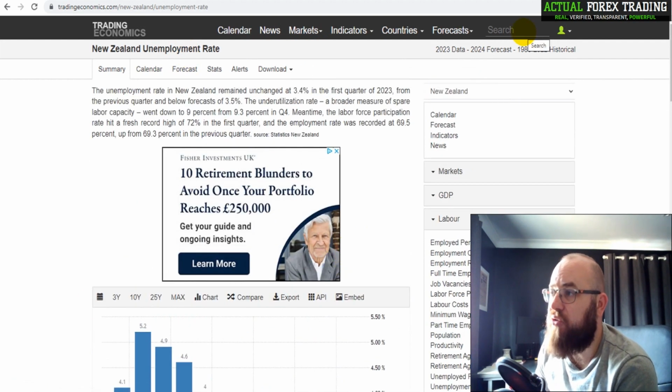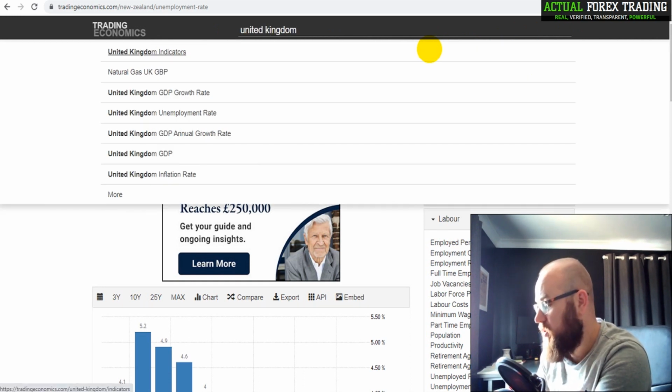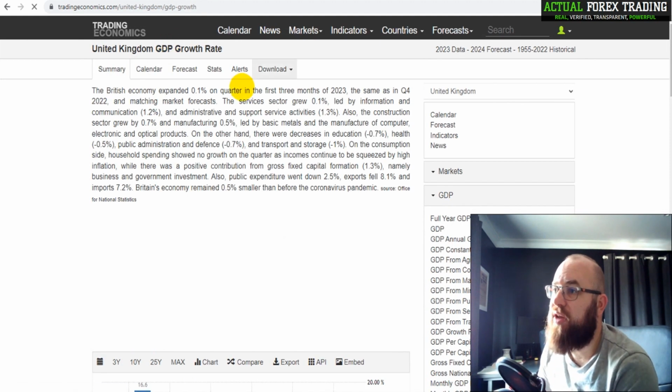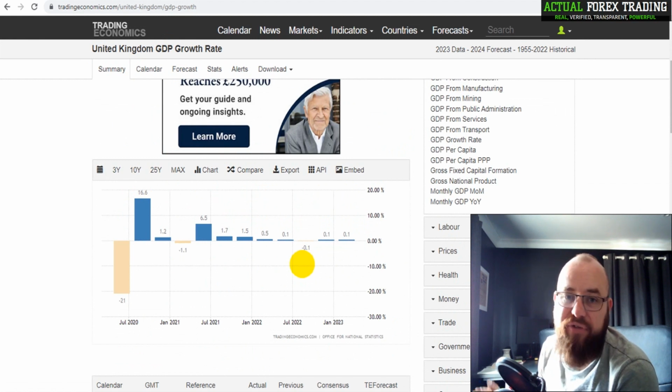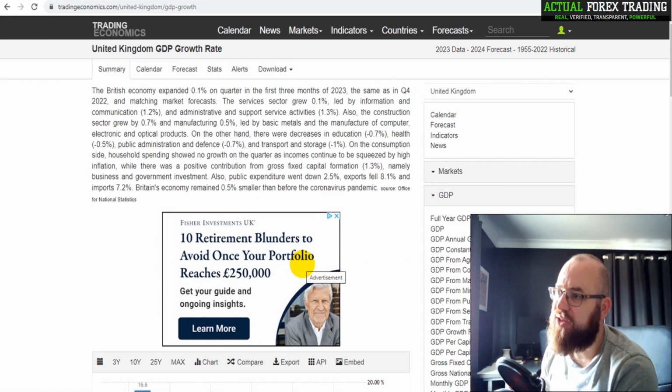Okay, so you can create your own spreadsheet. You could do United Kingdom GDP growth rate. You can have a look at that, and then you have your figures there. So a really good website for fundamental analysis for economic data. It's fantastic for economic data.